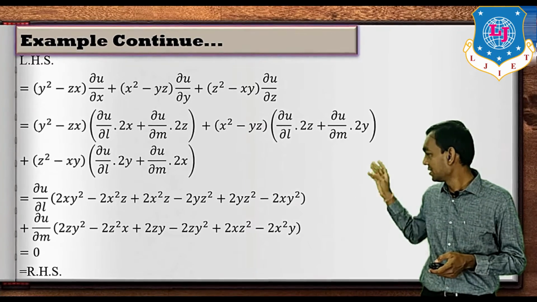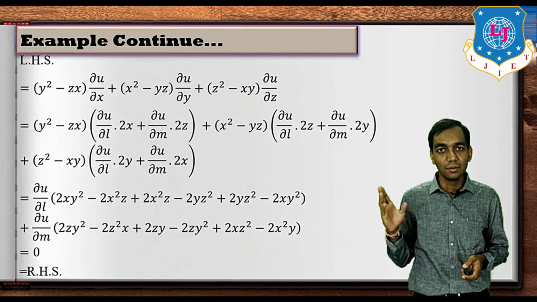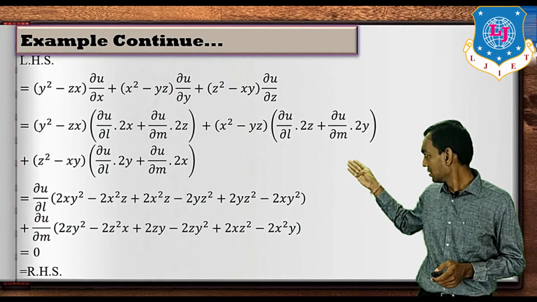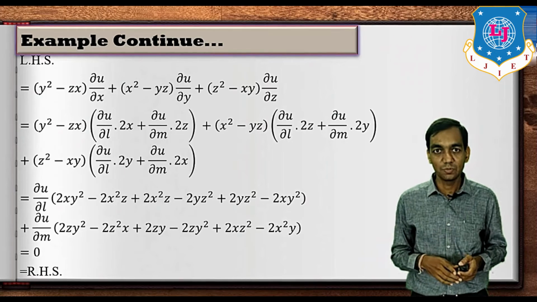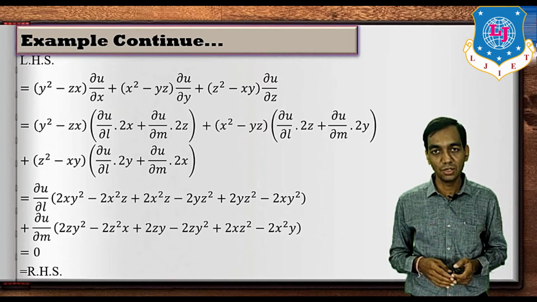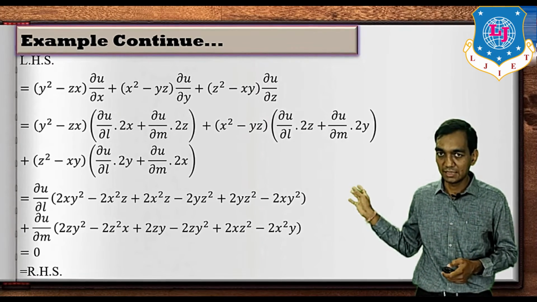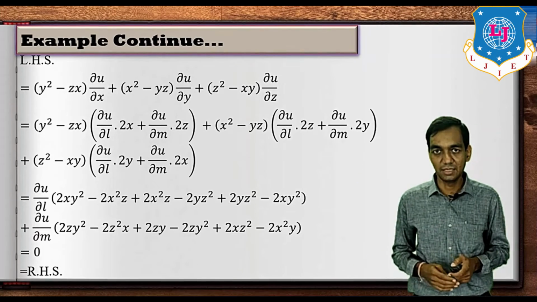Now starting with your LHS, putting the values in the LHS, that means (y square minus zx) into del u by del x plus (x square minus yz) into del u by del y plus (z square minus xy) into del u by del z.